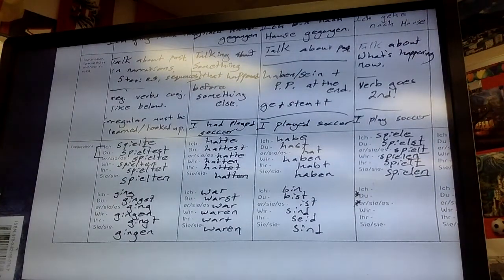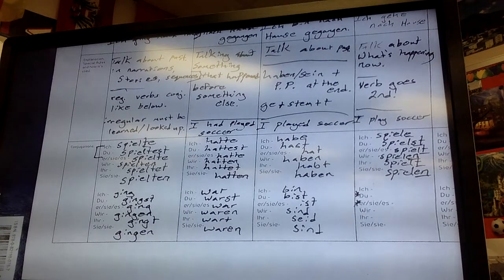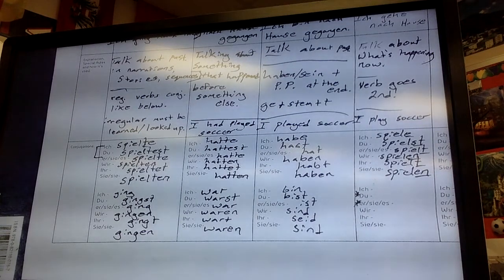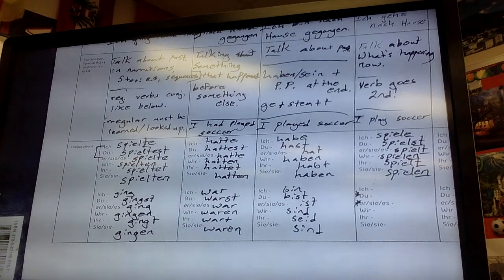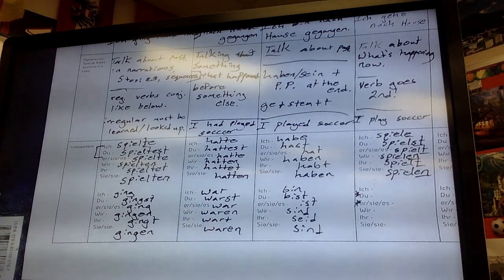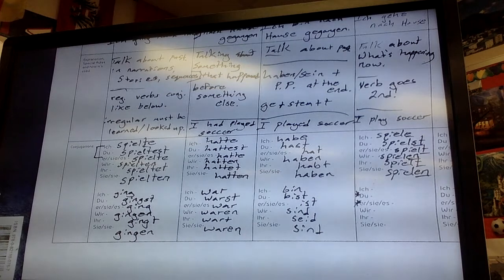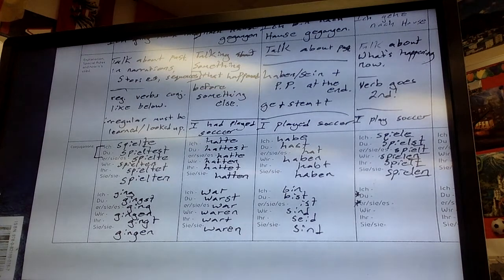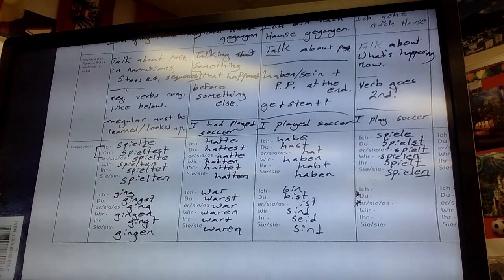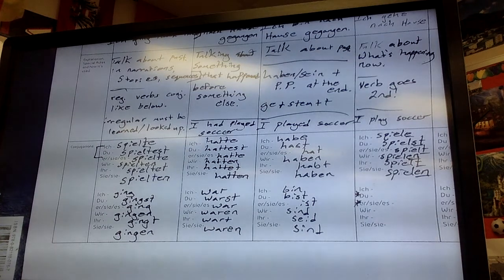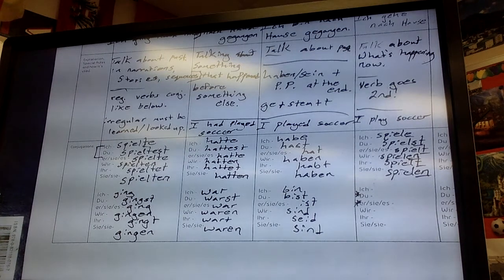Hatte, hattest, hatte, hatten, hattet, hatten, war, warst, war, waren, wart, waren. If you want to use the past perfect, you change your helper, your haben or sein, to the past, and then use your ge- word like you would before in the conversational past.